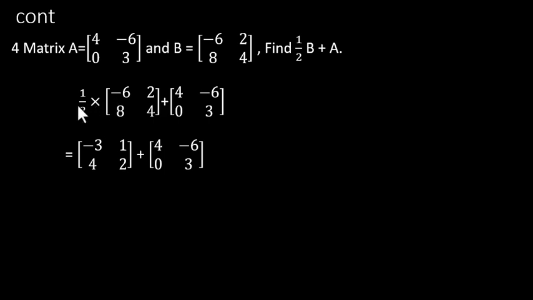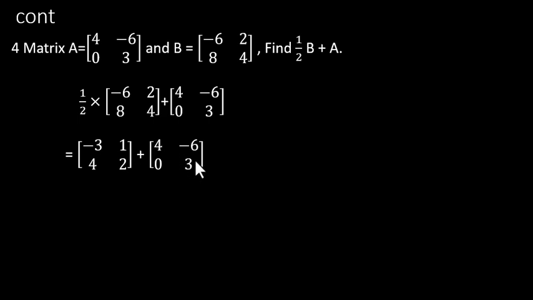Half multiplied by 8, we get 4. Half multiplied by 4, we get 2. So this is how we get this.